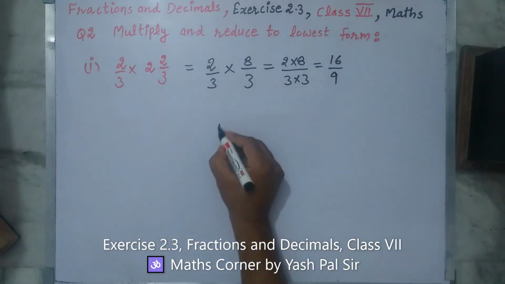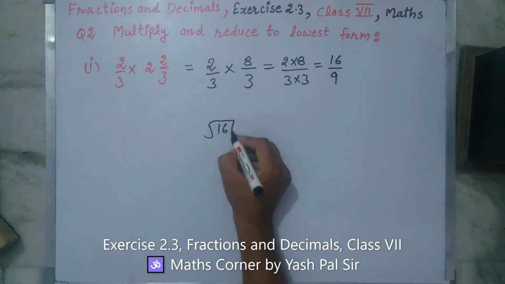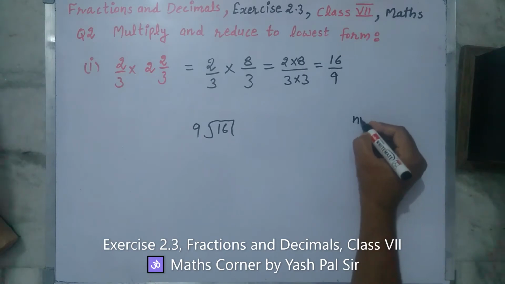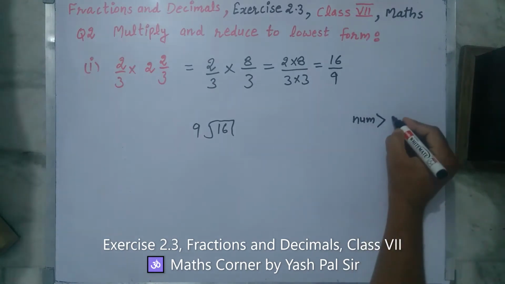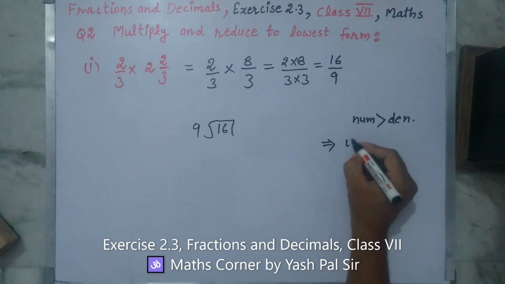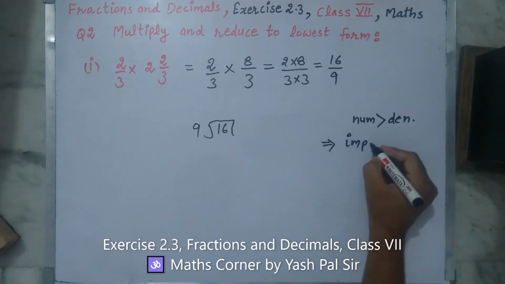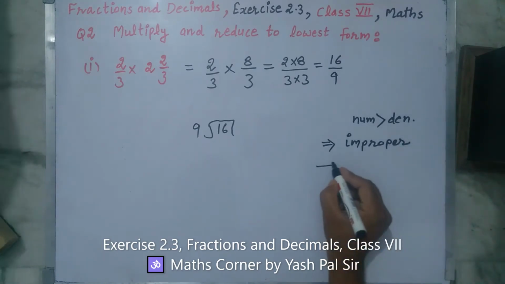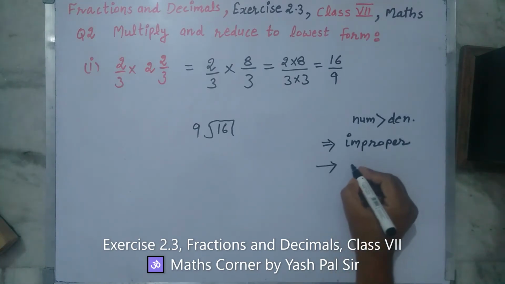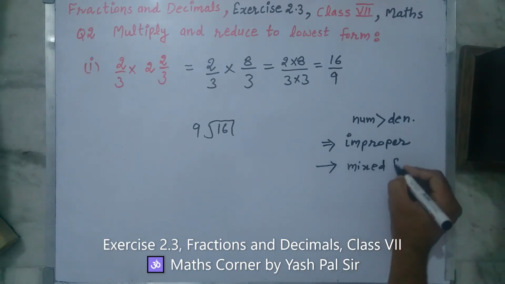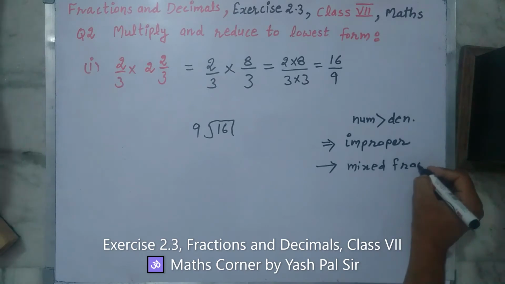Now dividing 16 by 9. Why? Because if the numerator is greater than the denominator, it means the fraction is improper. Improper fraction. We have to convert this into a mixed fraction.